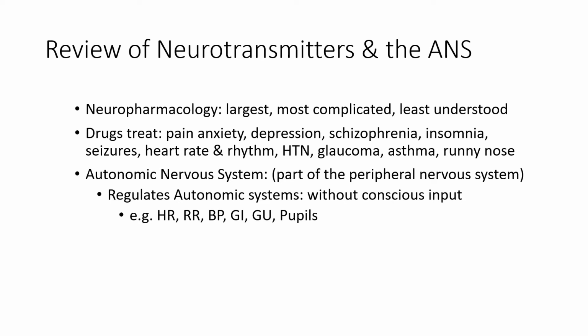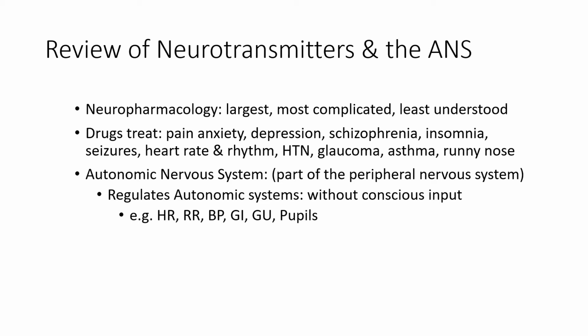Okay, so here's a review slide: neurotransmitters and the autonomic nervous system. So in terms of neuropharmacology, meaning drugs that impact the nervous system, the autonomic nervous system, we have a lot of drugs for it. It's a very complicated system, but we'll get through this. Just try and keep them clear in your mind.